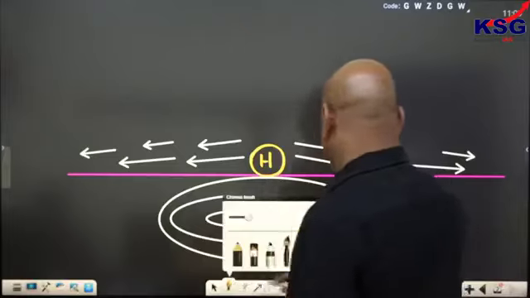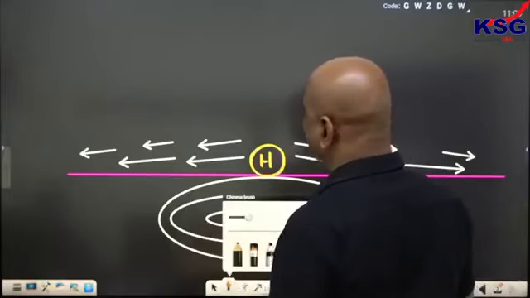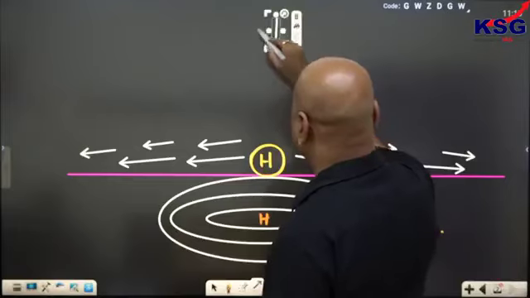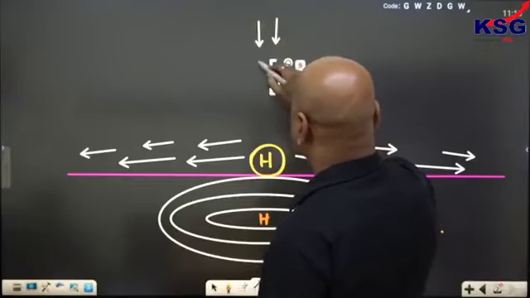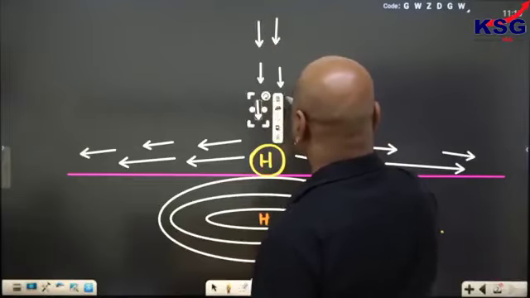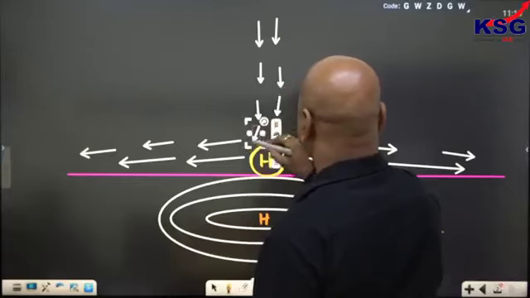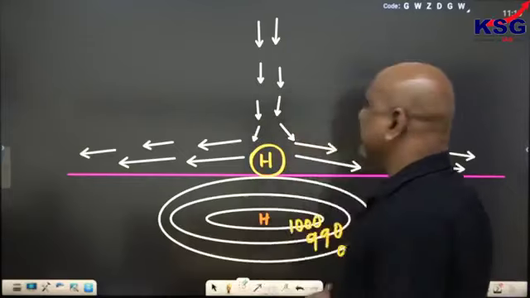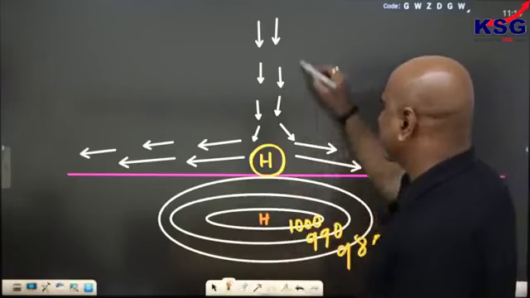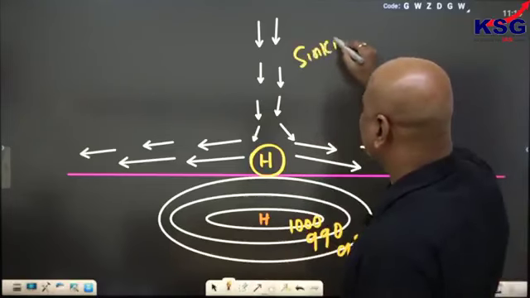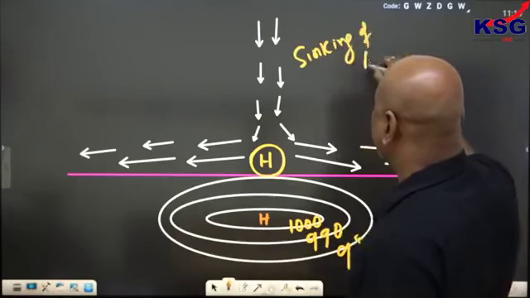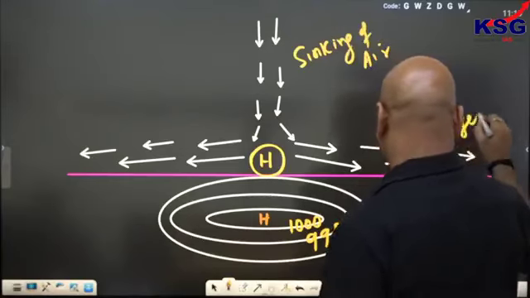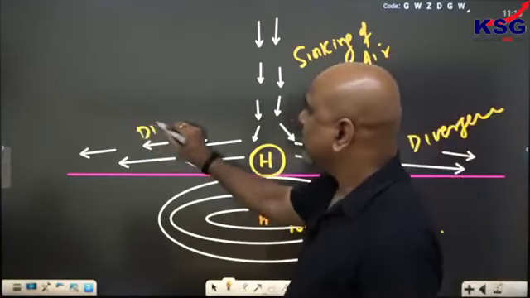If there is gradual divergence of the air from the center towards the periphery, then definitely a consequence will be the sinking of the air from above. To maintain equilibrium, sinking of air is there. Here is divergence.